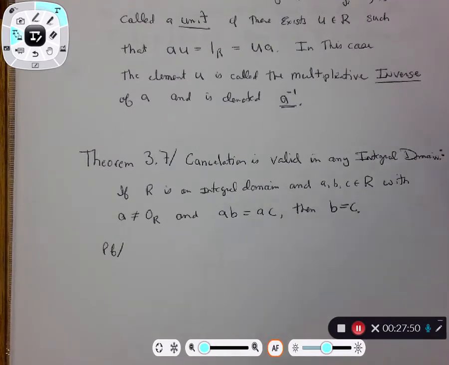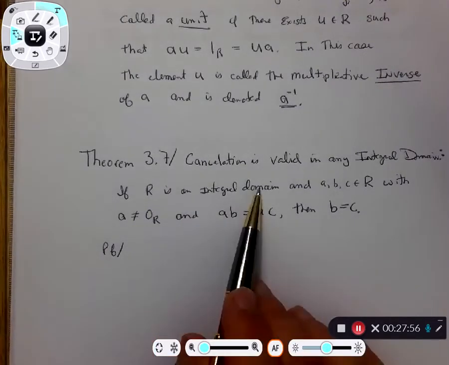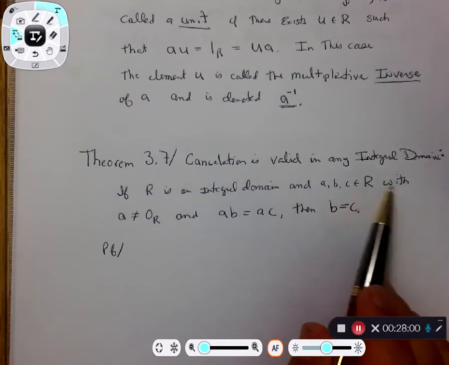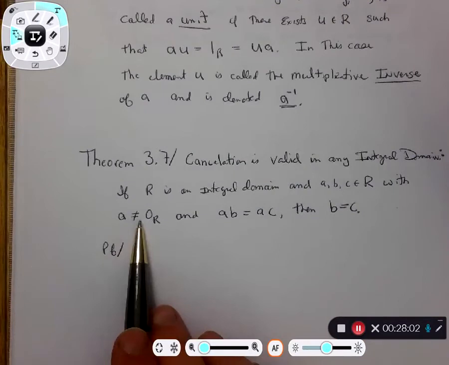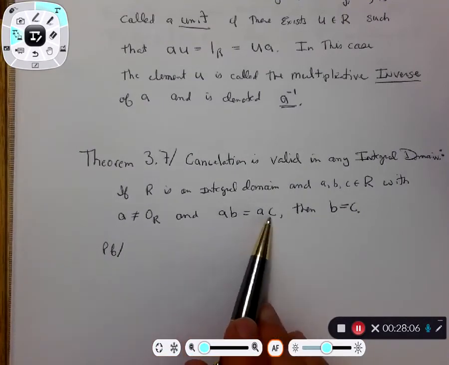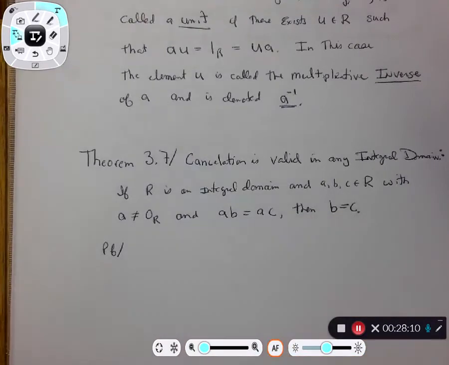That's right out of the textbook. So let me write it up as a theorem. If R is an integral domain, and A, B, and C are elements of R with A not equal to 0 in R, and A times B is equal to A times C, then B equals C.